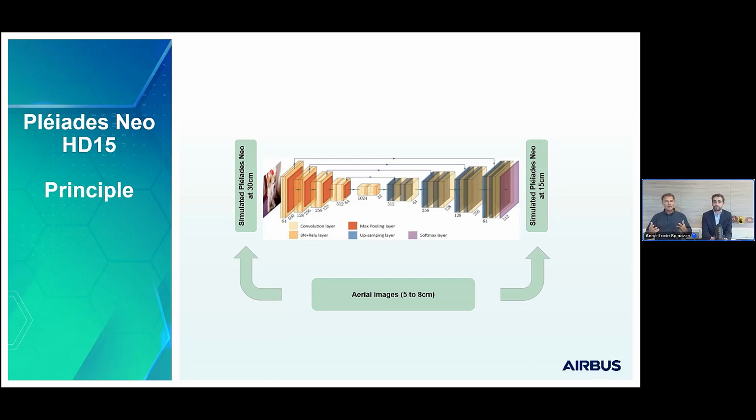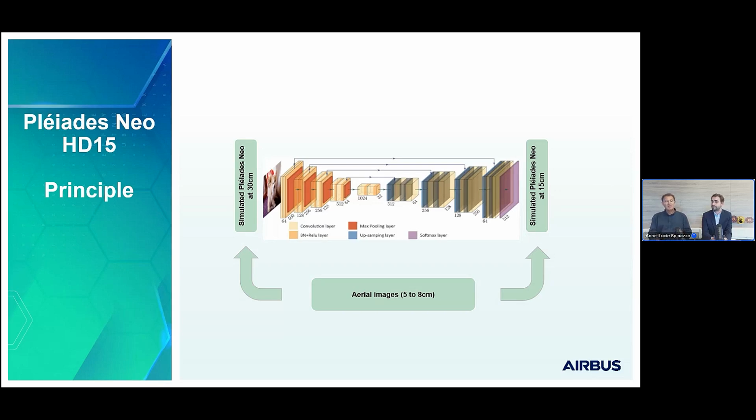And that's where the trick is, because then we don't give any opportunity to the AI model during the training process to invent something, because it has no way to do that. On the 30 centimeter image, you have a line which is kind of blurry, and it's sharper at 15 centimeter. It's exactly the same thing. So that's the beauty of our approach.